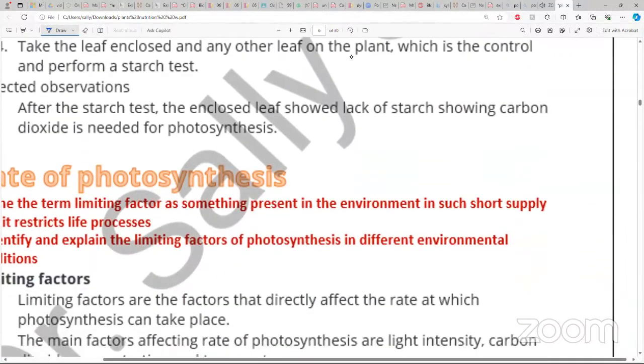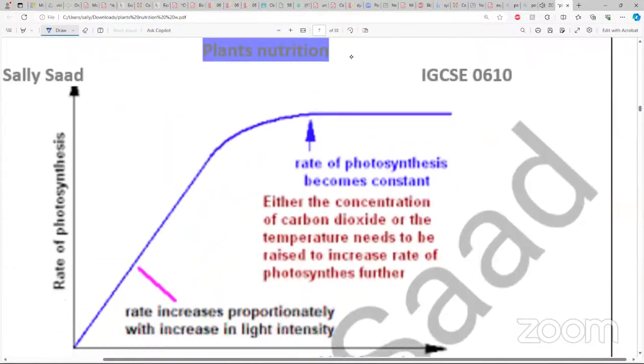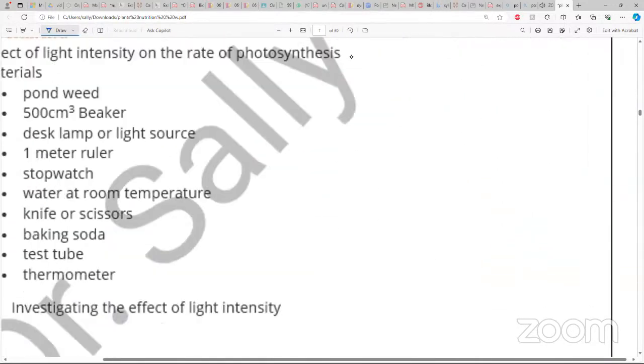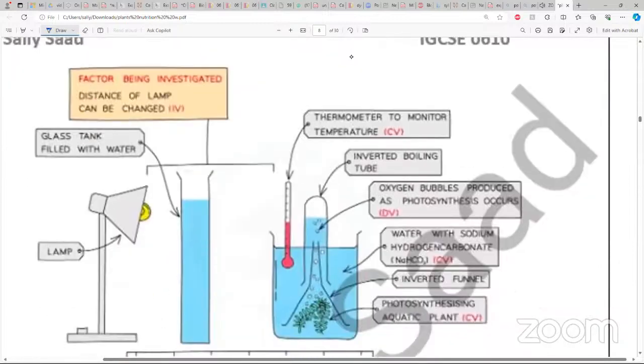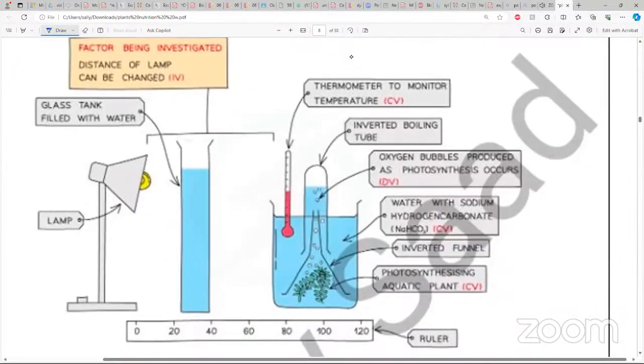You got my point? To measure the rate for the experiment of limiting factors, this is one of the experiments I showed you in the drawing. I will use the plant, and here is the heat filter, and here is the lamp, right? The heat filter helps to maintain the temperature of the experiment, because when you're doing the experiment of limiting factors in plants, I have to be sure that only one factor is changed, not all factors.